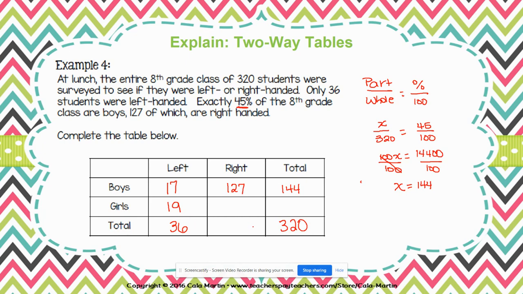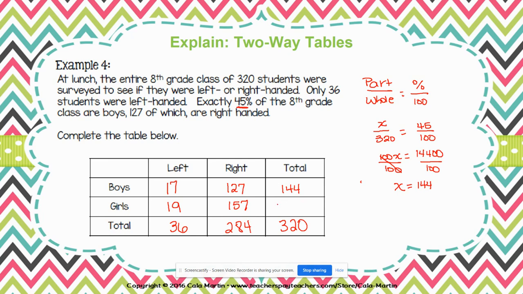So to figure out how many were right-handed, I would do 320 minus 36, and that would leave me with 284. Well, now I have enough information to figure out how many of the right-handed students were girls. So I'm going to do 284 minus 127. And when I do that, I get 157. So that's how many girls were right-handed.